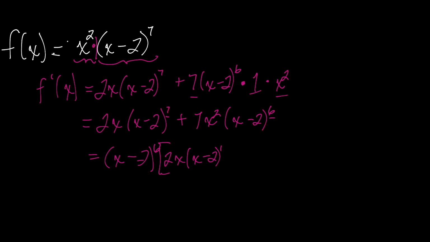And then I'm going to deal with this term. And I'd have, let's see, just 7x squared left, right? Because I took all 6 of these out over here. So what is nice about this is when we boil it down a little bit more, it's not an easy one to set equal to 0, but it's our best chance.